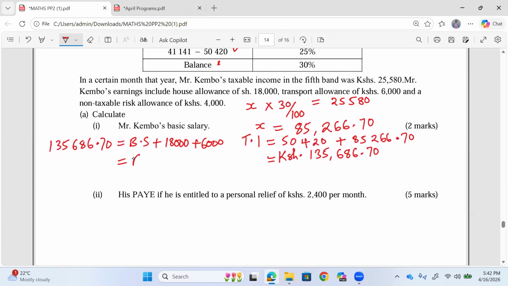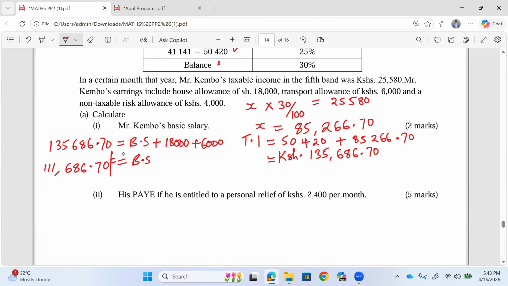So we can remain with the basic salary by picking 135,686.70, and we subtract 18,000. We subtract again 6,000. So this is exactly 111,686.70 Kenya shillings.